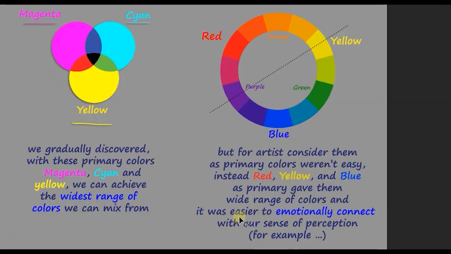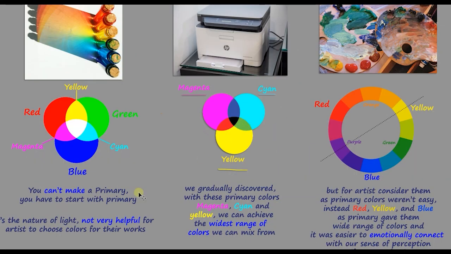And it was easier to emotionally connect with our sense of perception. For example, later we will study warm colors and cool colors. With this color wheel, it's much easier to understand and work with color, compared to this one or this one.